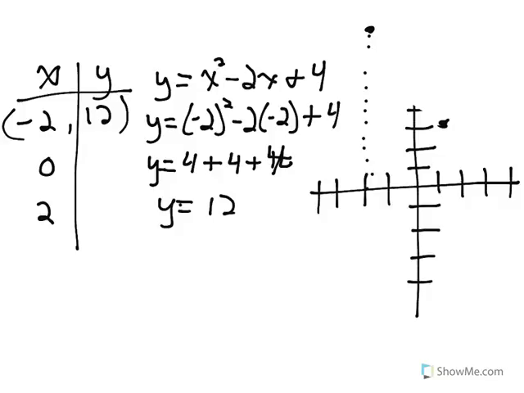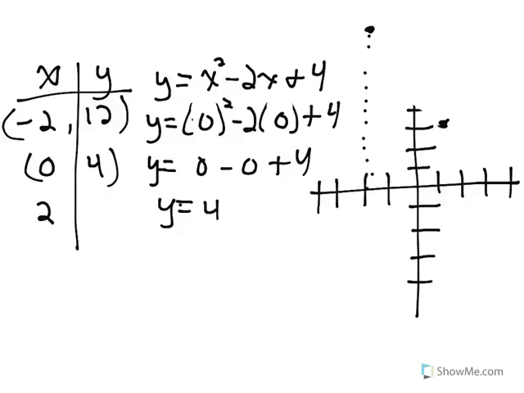Now let's try 0. If x is 0, we end up with 0 minus 0 plus 4, which is 4. There's another set of coordinates we can plot, and that would be x is 0, y is 4, right here. So I can see this side of my parabola is coming up this way.